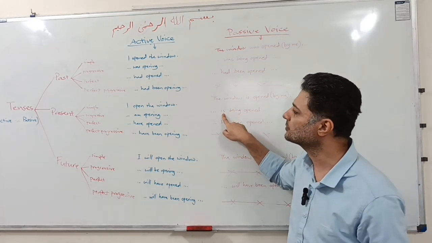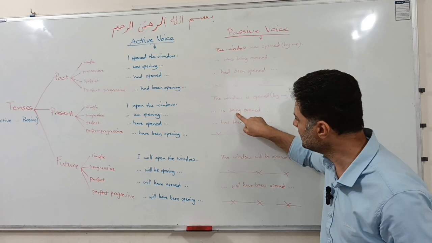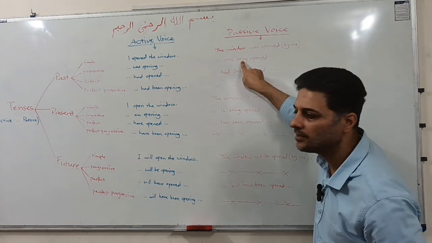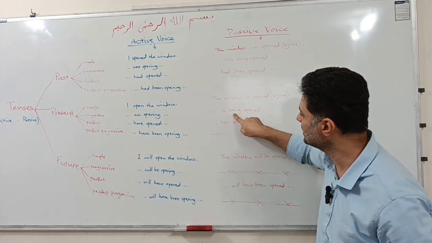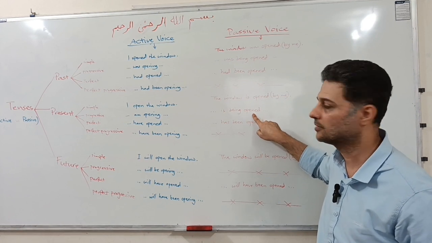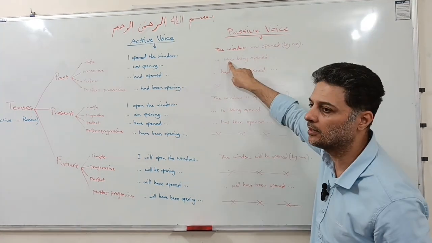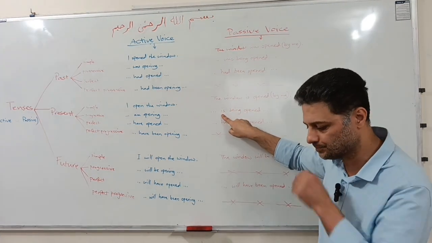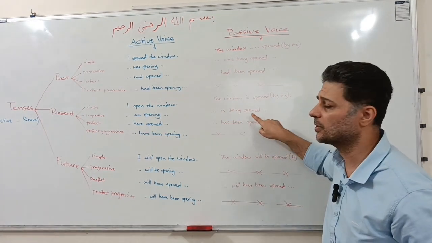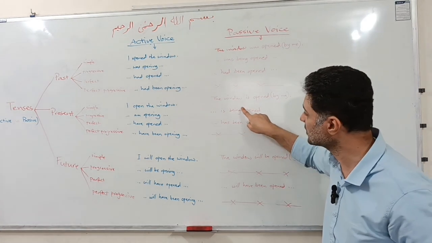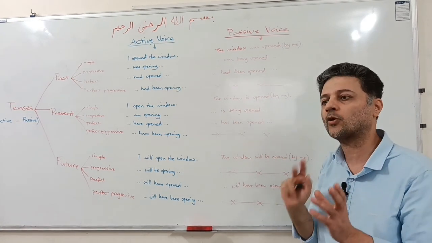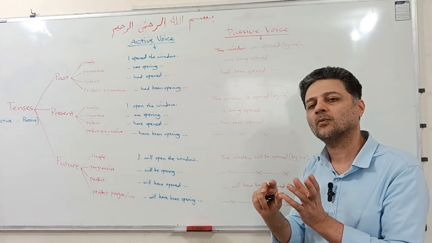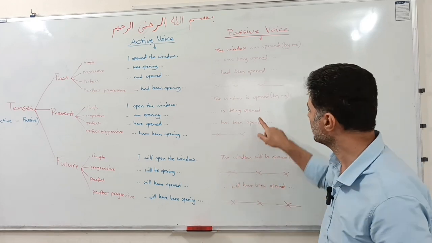And now, present progressive is being. Just like was being, is being plus PP. Here, we use was, were, plus being, plus PP. Here, we use am, is, are, plus being, plus PP. That's the fixed part, is being, or am being, or are being, then plus PP.